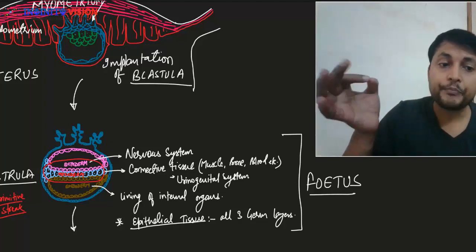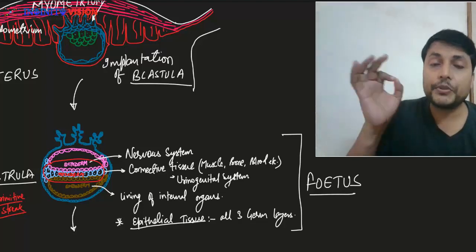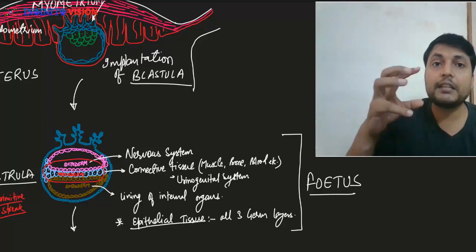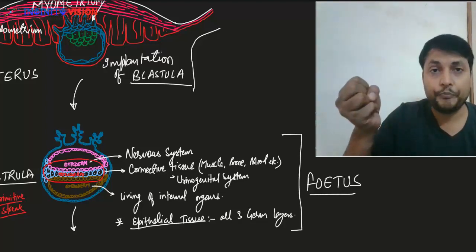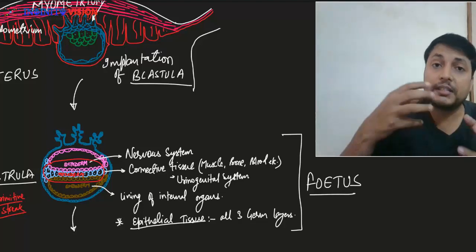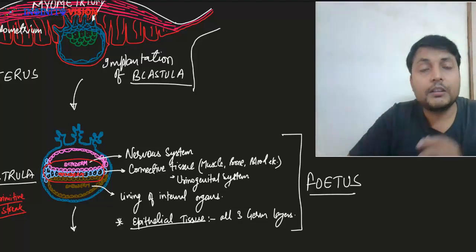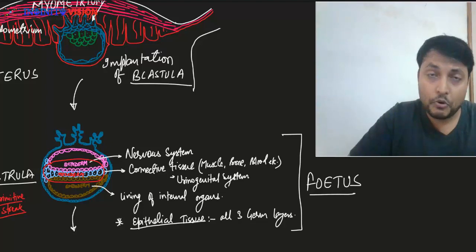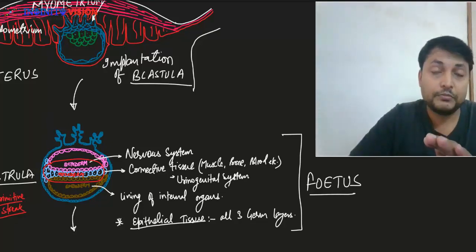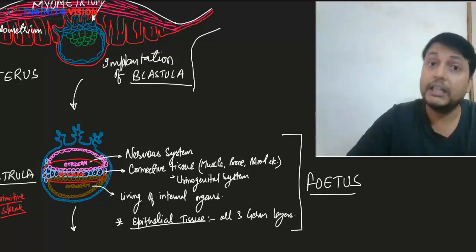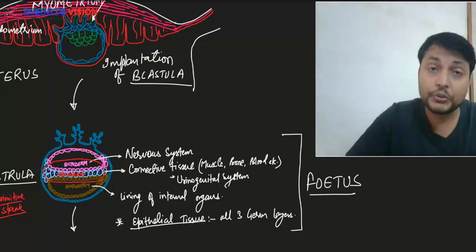Okay, great. When we talk of mesoderm, the cells of mesoderm are determined to form the connective tissue and the urinogenital system. What does this mean? This means that the mesodermal layer will be responsible to form all types of connective tissue, such as muscle cells, both skeletal and smooth, as well as cardiac.